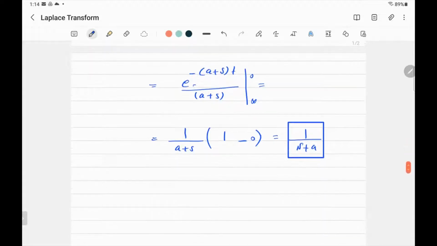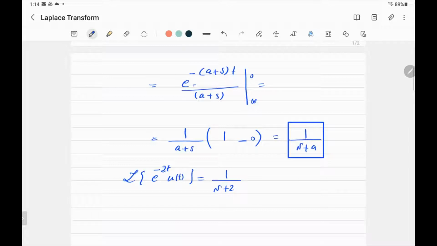So if you say, for example, what's the Laplace for e to the power of minus 2t u(t), what will you get? 1 over s plus 2, right? A is equal to 2. Let me show you now something very interesting.